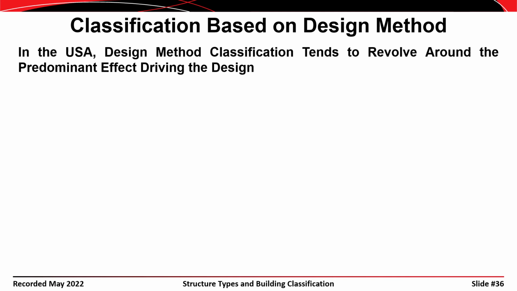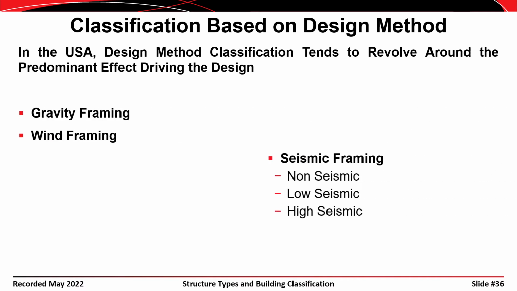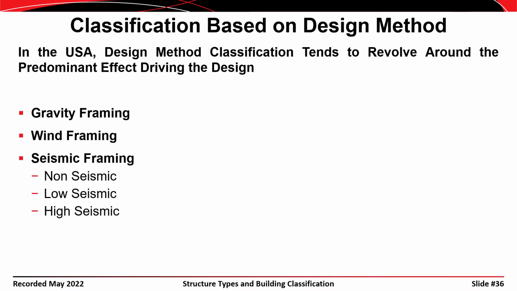All right, in the US, the method of design tends to revolve around the predominant effect that's driving the design. So if you're on the West Coast, you could be dealing with seismic framing. We classify that as either low seismic or high seismic. If you're in the Midwest, for instance, in the Ohio area, then most of the design is probably non-seismic.